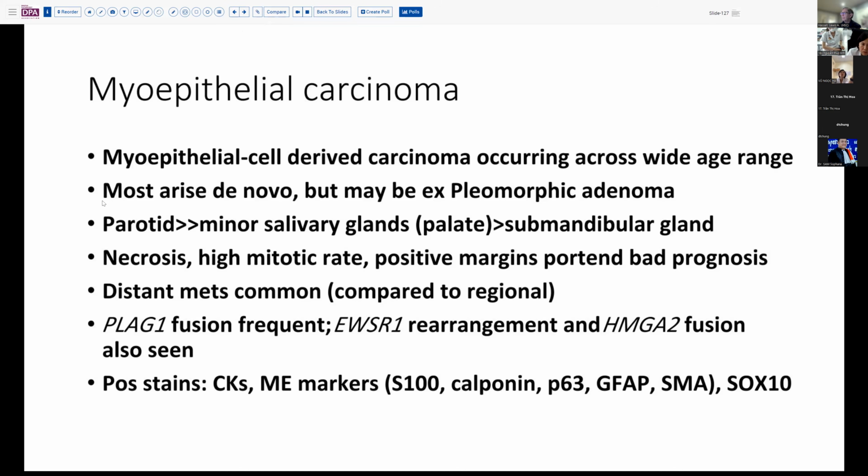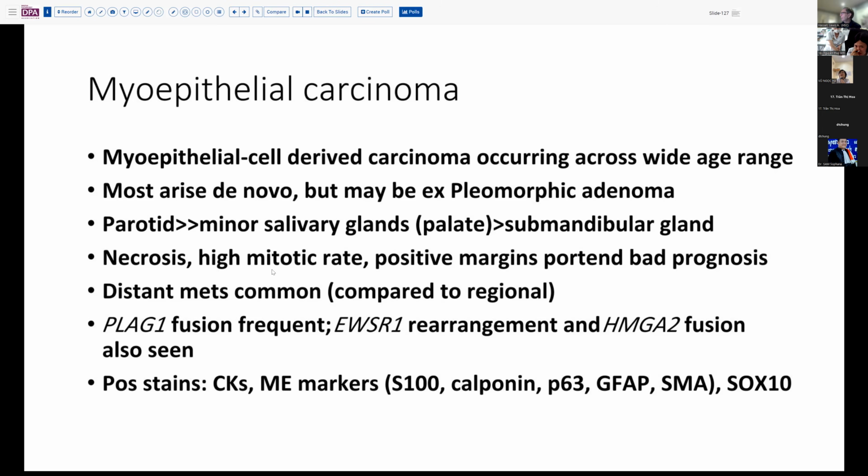As we saw in that previous pleomorphic adenoma case, some of these can arise from pleomorphic adenoma. They're more frequent in the parotid than in other locations. And in this tumor, you like to see necrosis, mitoses, and so forth. And these are the things that portend a bad prognosis.